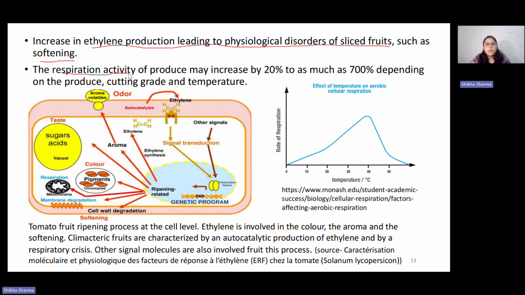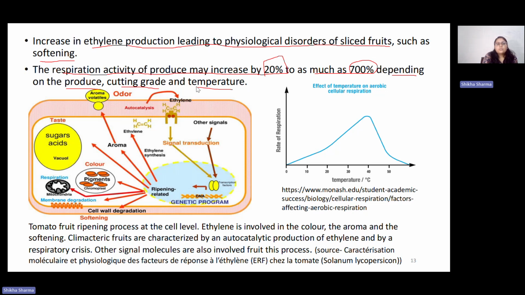The respiration activity of the produce may increase by 20% to as much as 700%, depending on the produce, the cutting grades, how we are cutting, the instruments we are using for cutting, and also on the temperature.